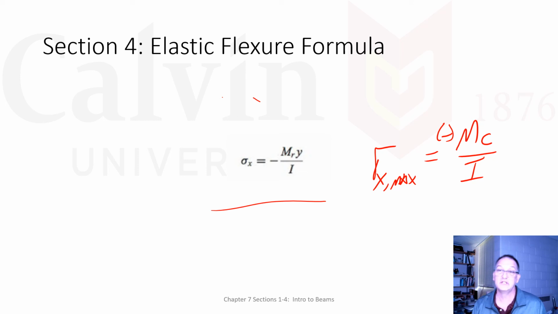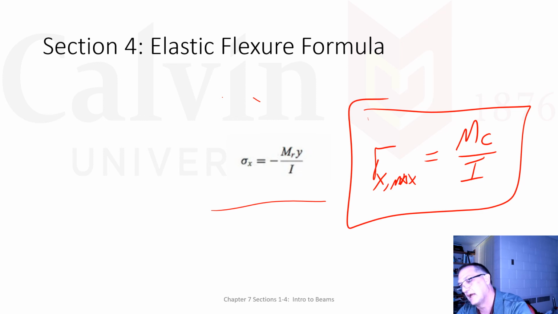We often deal with symmetric beams, and so then we've got a positive stress and a negative stress at the same time. You're just going to have to be paying attention to that. We do get very casual and work with that formula at times, ignoring the negative. But the reason is because we're often thinking about symmetric beams.